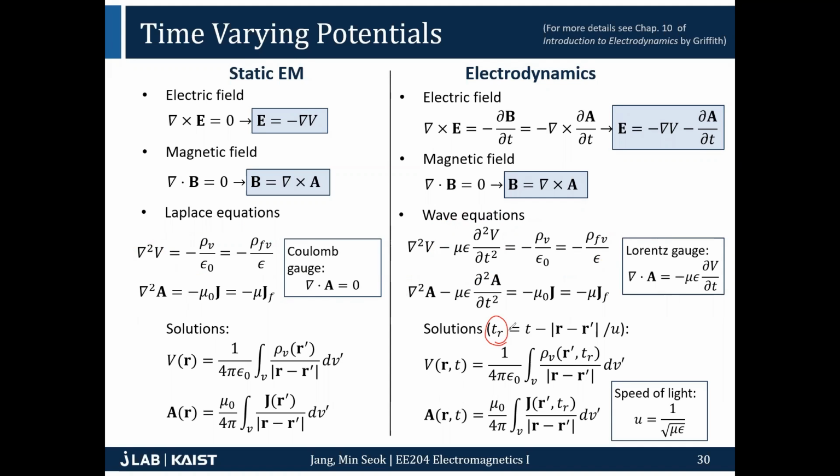If you define t_r as t minus this, and u here is 1 over the square root of epsilon mu, then this equation just reduces back to this form, and you can easily obtain the solution, which looks like this.